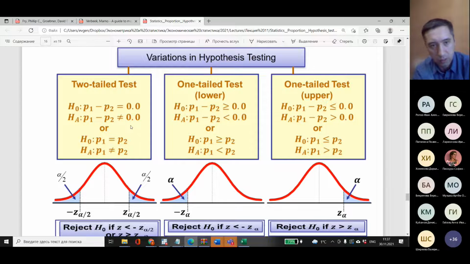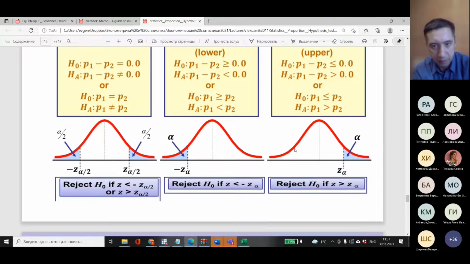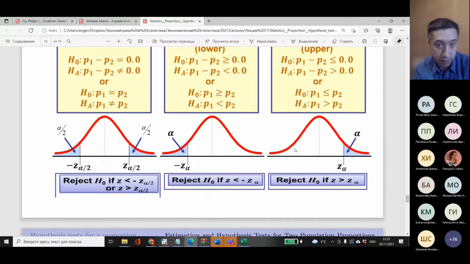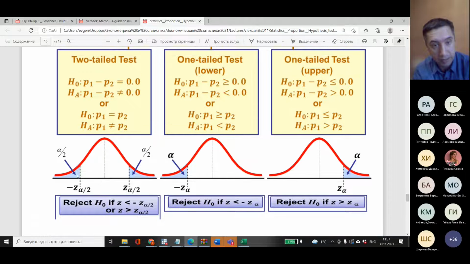One way is to work with zeros. Another way is to work with a simple comparison of 2 population proportions. The principle of this test is actually the same. You have a sampling distribution of proportions, and you should check whether your estimated statistic is inside the white region or outside it.